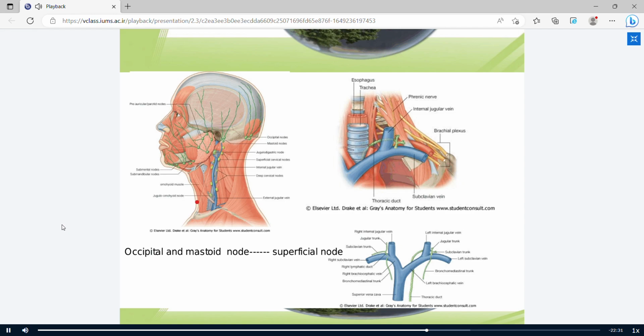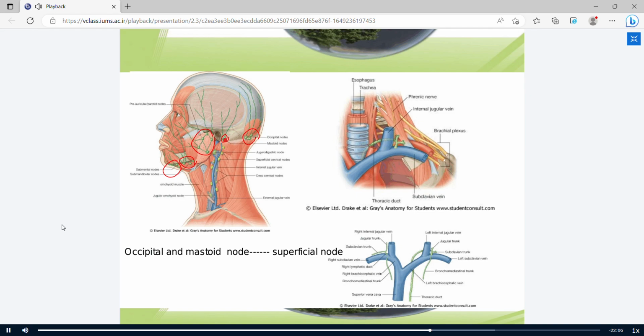And then finally, lymphatic drainage is to 5 nodes: the occipital node, mastoid node, parotid node or preauricular node, submandibular and sublingual nodes.